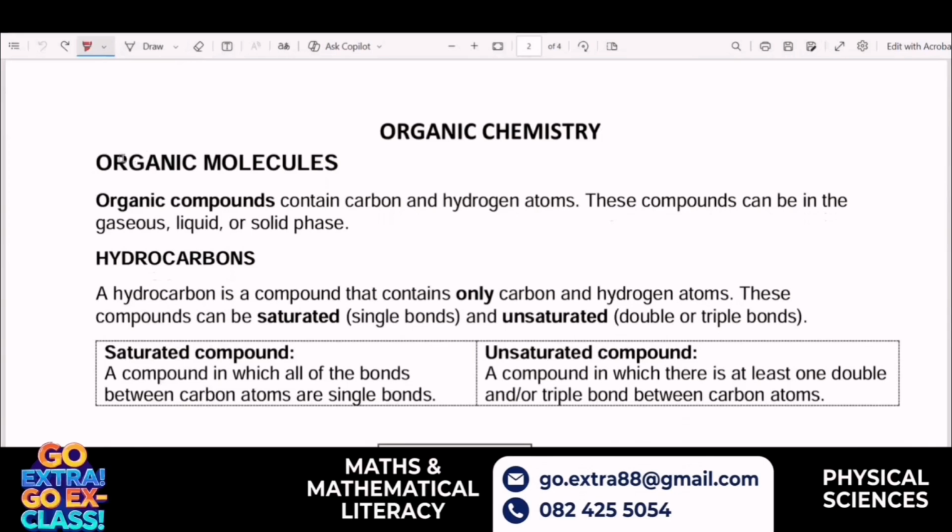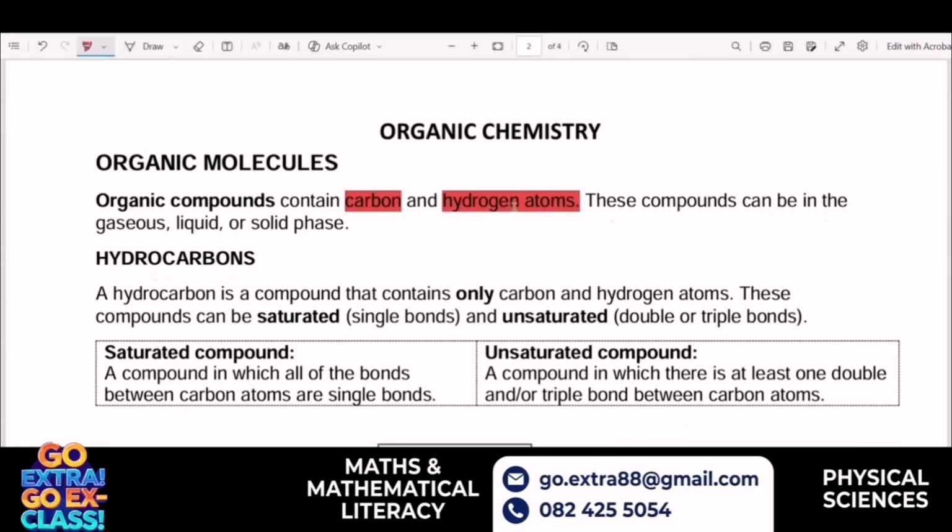Now let's look at the definition of organic compounds. Organic compounds contain carbon and hydrogen atoms. But this is not conclusive.